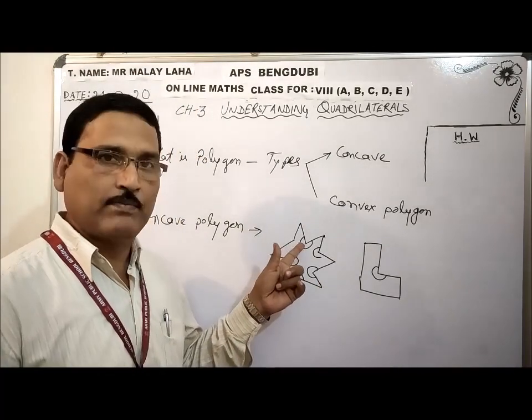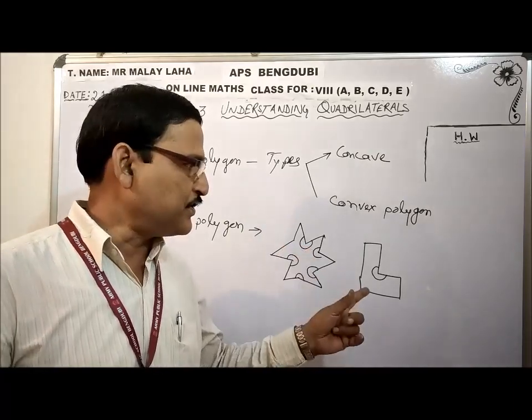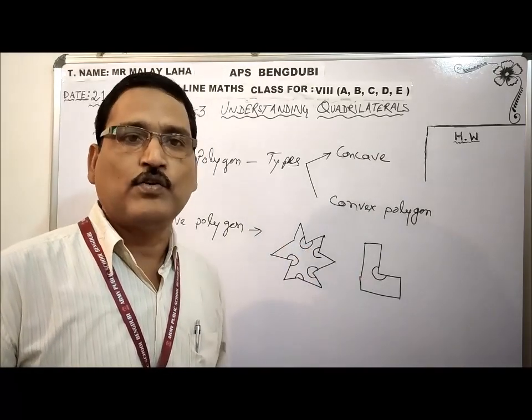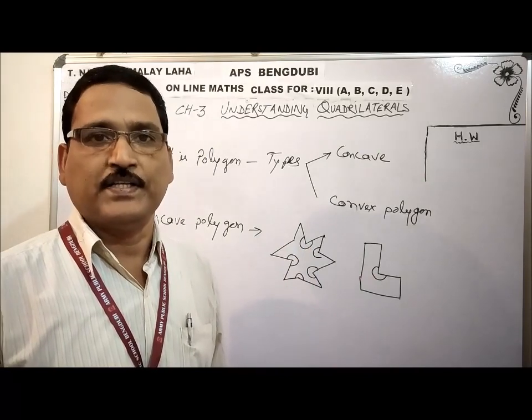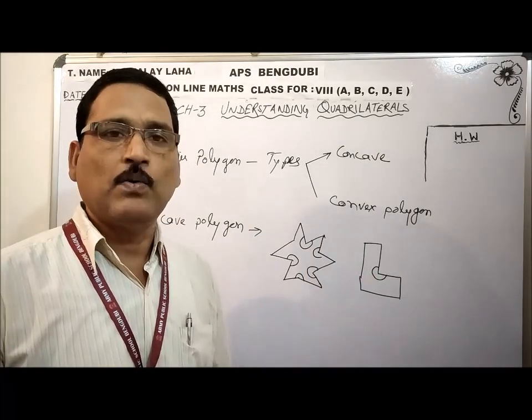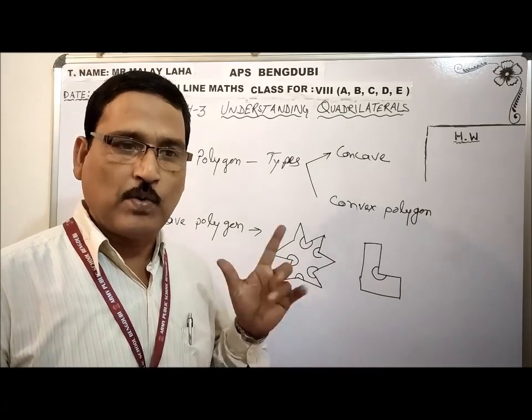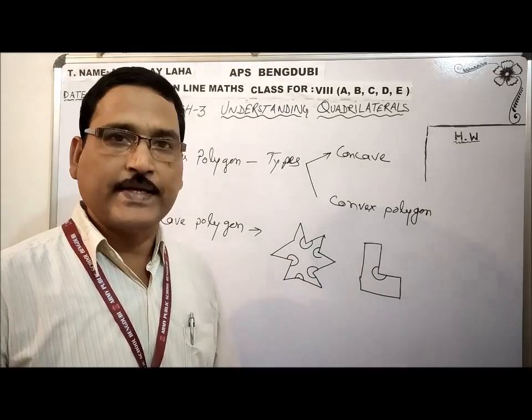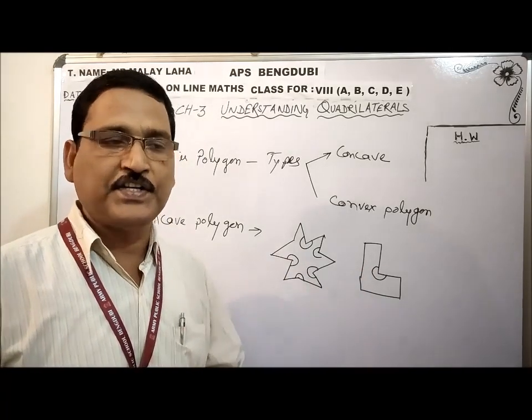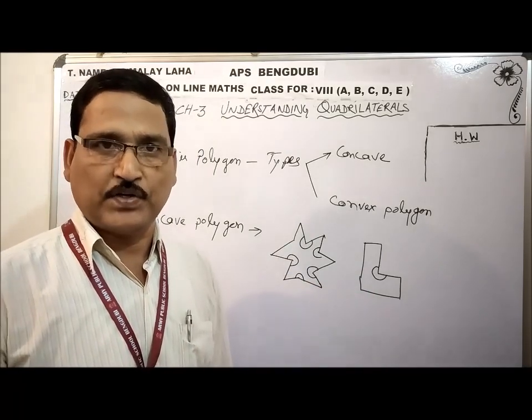If I measure with the help of protractor, it will be more than 180 degree. If I measure here also, it will be more than 180 degree. So these are what? Concave polygon. When any one of the interior angles is greater than 180 degree, straight away this is a concave polygon.